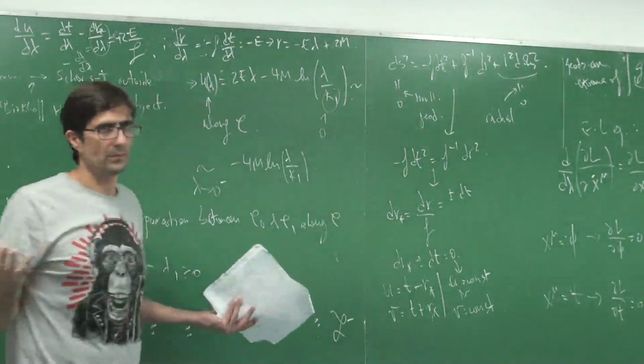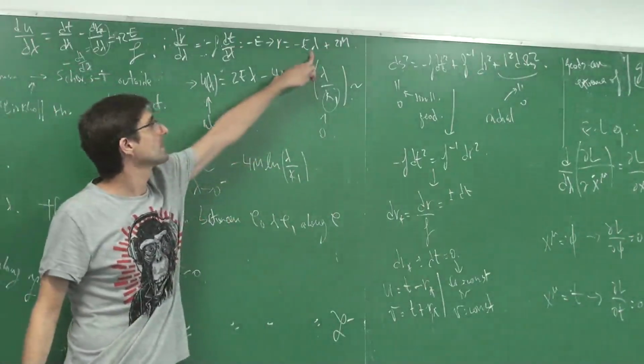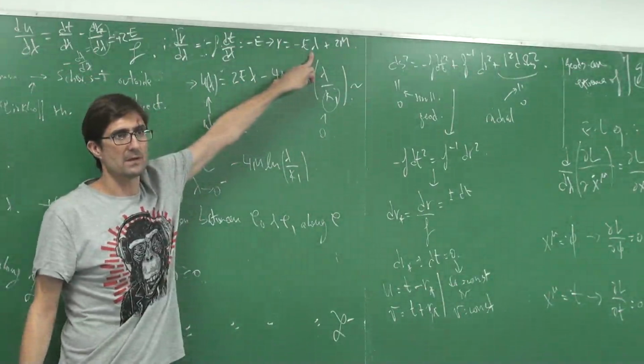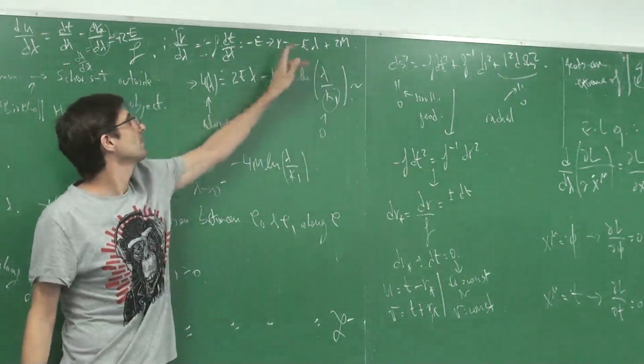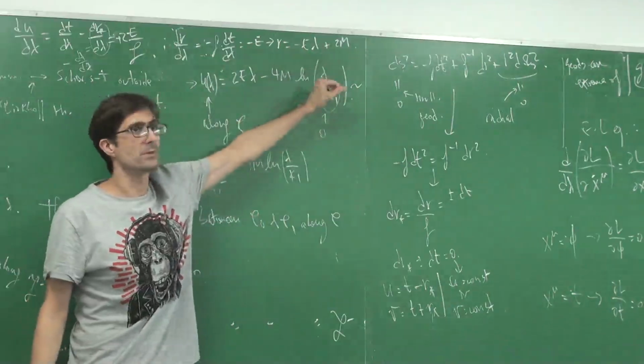We're free to choose that constant whichever way we want, but we've chosen the origin of lambda so that lambda equals 0 whenever it's crossing the event horizon, so whenever r is equal to 2m.